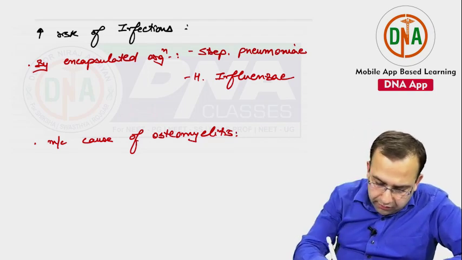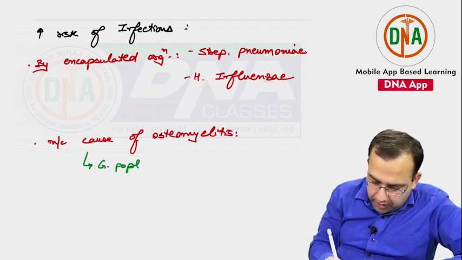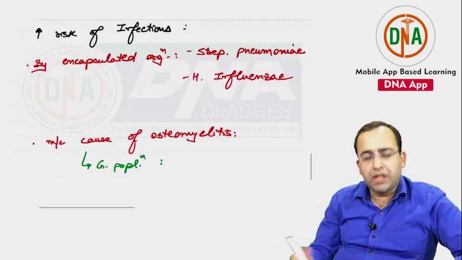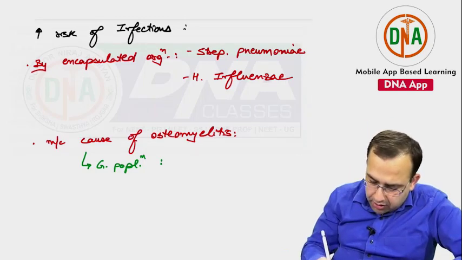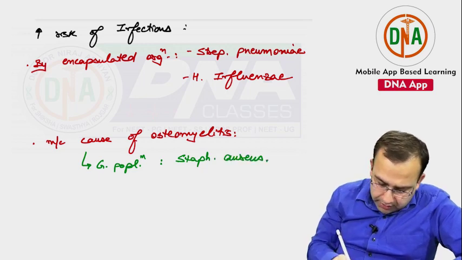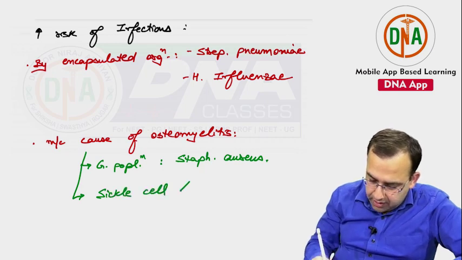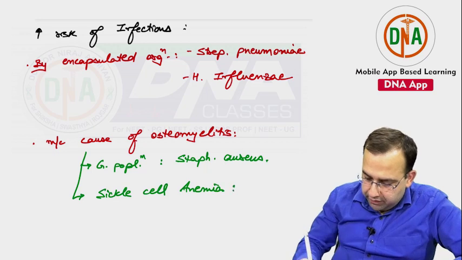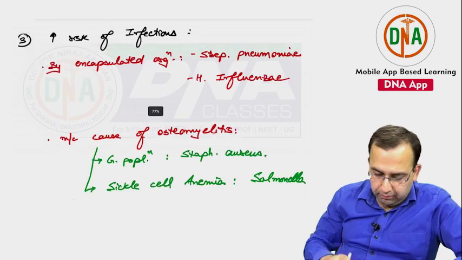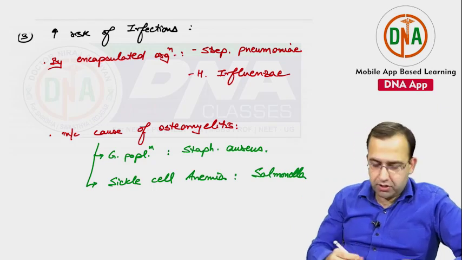Most common cause of osteomyelitis in general population, that is in all of us, the ones who are not suffering from sickle cell anemia, is Staph aureus, versus in sickle cell anemia, where it is salmonella. So the third clinical feature, increased risk of infections.